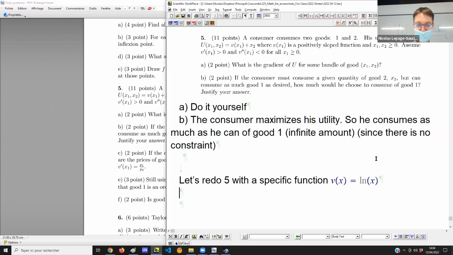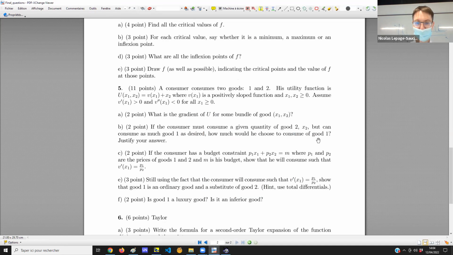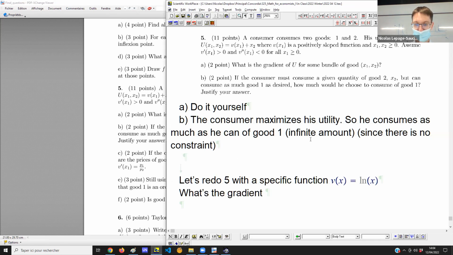What's the gradient of U for some bundle? Of course, I just compute.